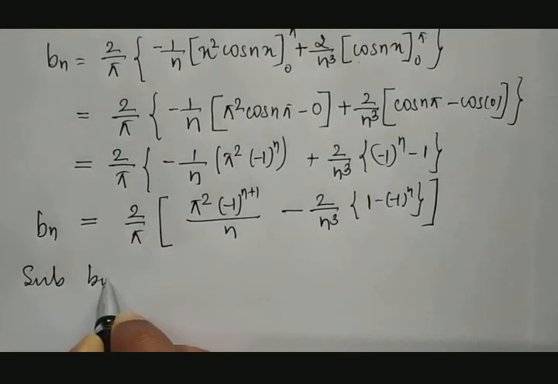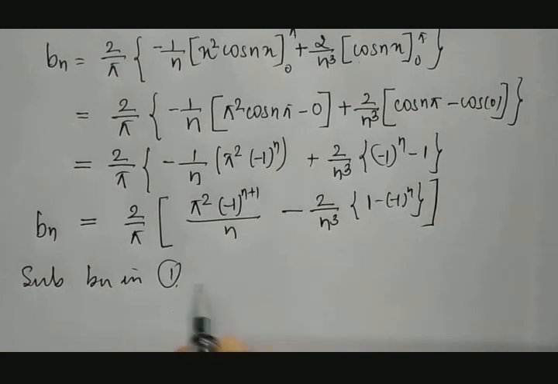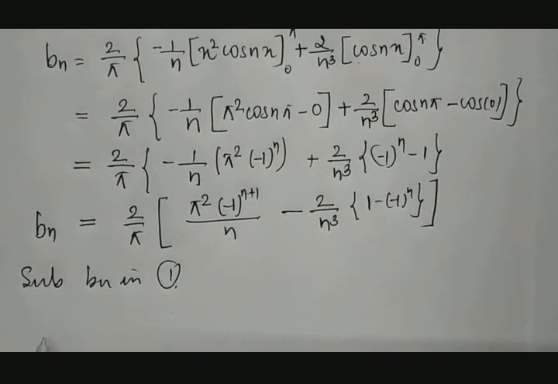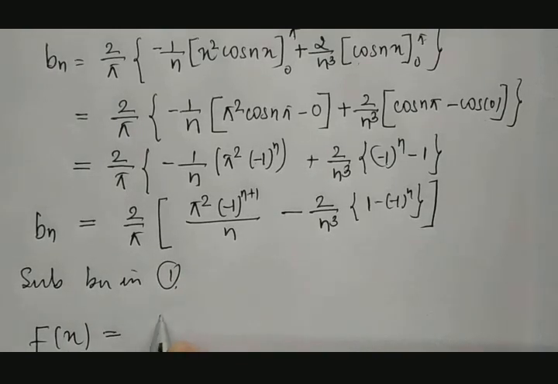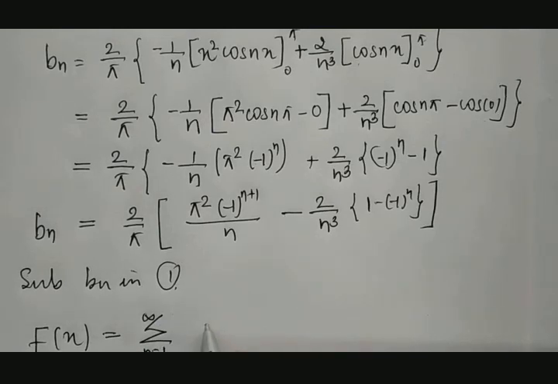Therefore, substitute the value of bn in equation number 1. Then our equation number 1 becomes f of x is equal to summation from n equal to 1 to infinity bn.